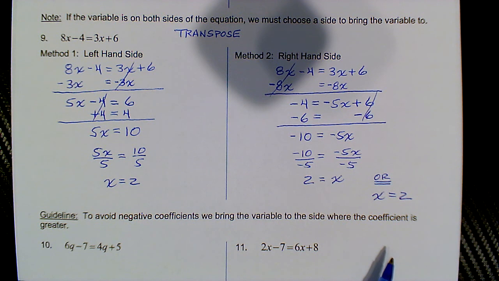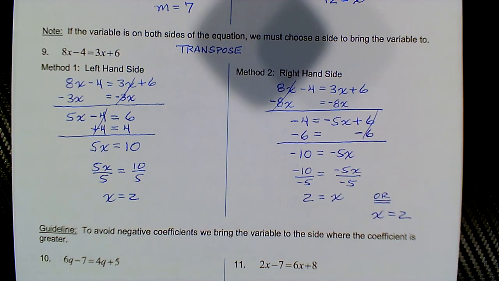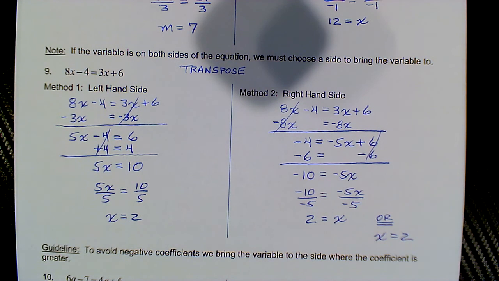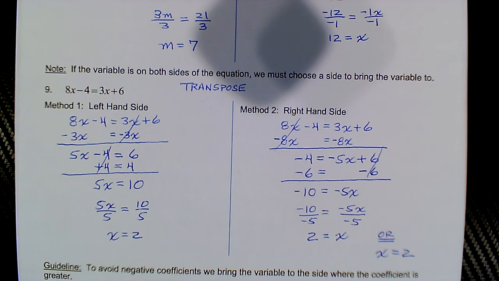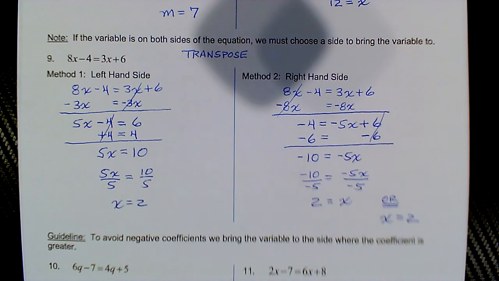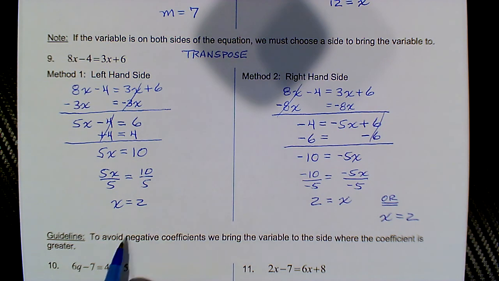So there is an advantage to bringing it to one side, and in particular, the advantage is, as I wrote in the guideline here, to avoid negative coefficients.